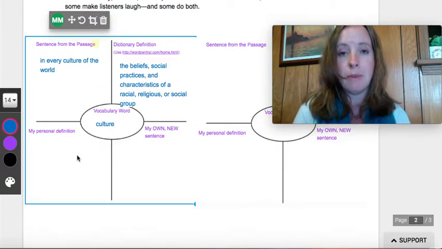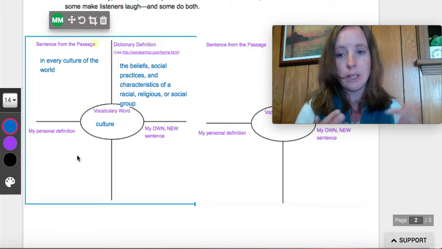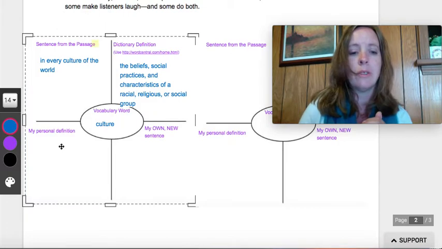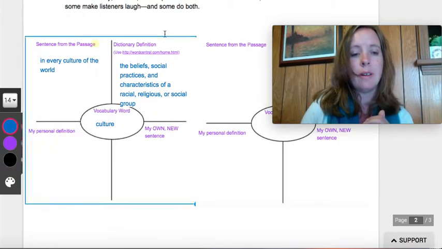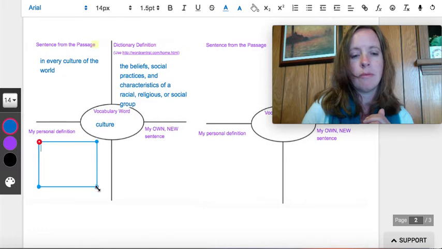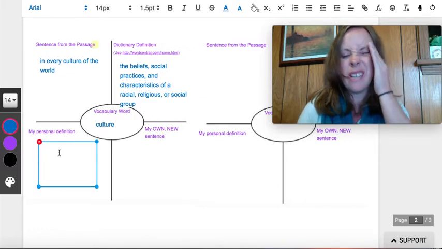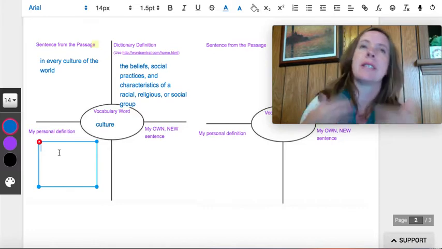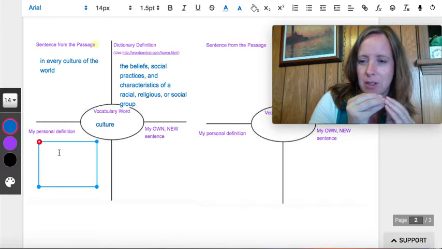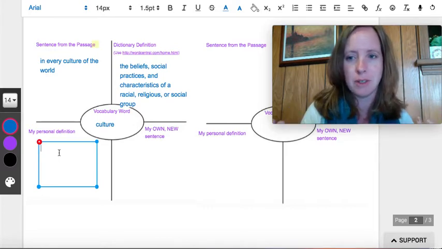I remember that my friend was a different religion than I was. She was Hindu. And so that religion is also part of the culture. Okay? So down here, when I put my text box down here, I'm going to write down some of those examples. I'm going to use my thoughts there along with the dictionary definition, and I'm going to create my own definition.